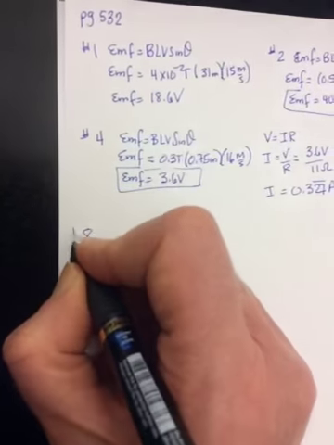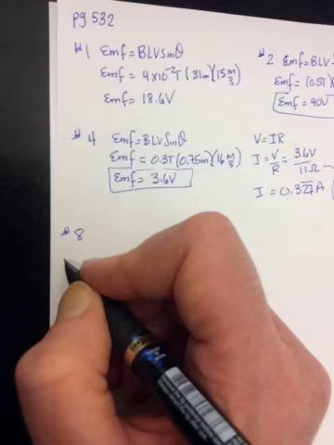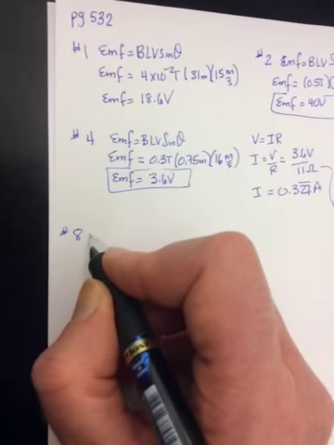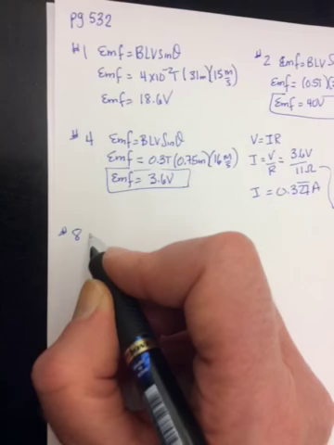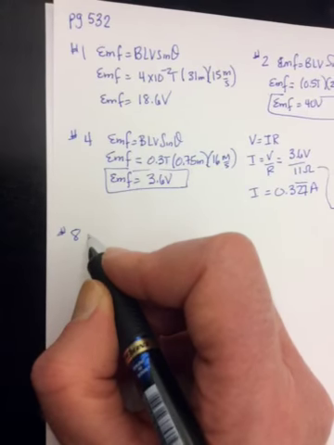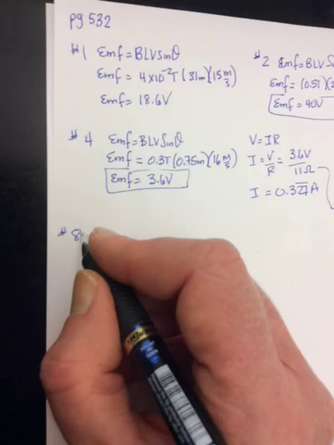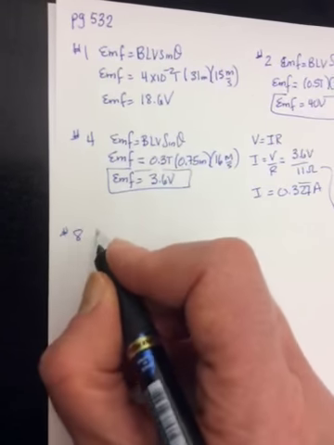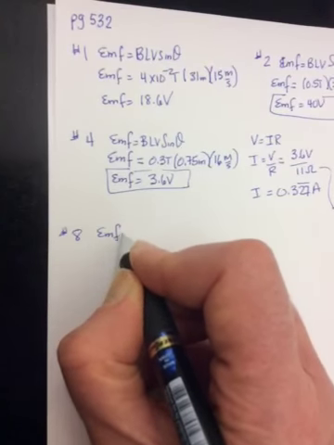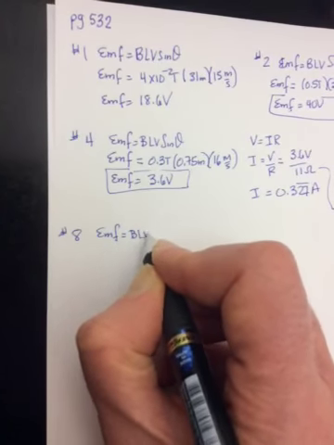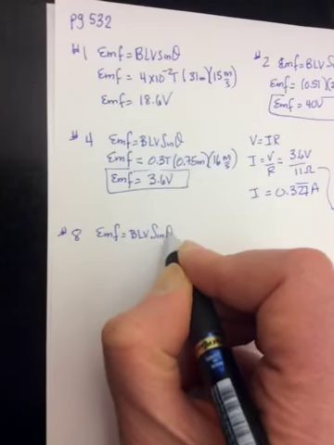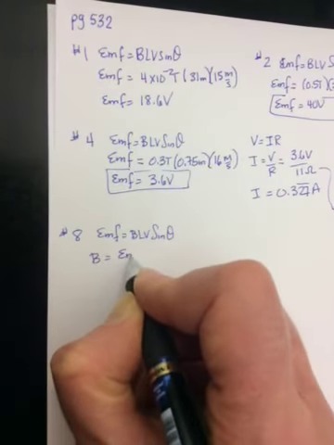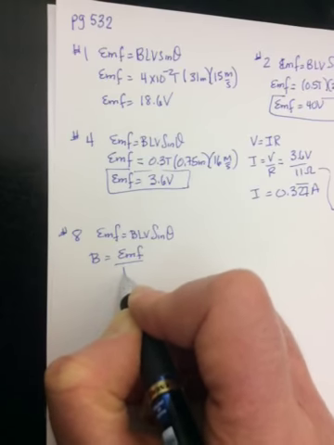Number 8 says EMF of 0.002 volts is induced in a 10 centimeter wire when it's moving perpendicularly across a uniform magnetic field at a speed of 4 meters per second. This time you have to rearrange BLV sine theta for B. So B is going to equal EMF over LV.